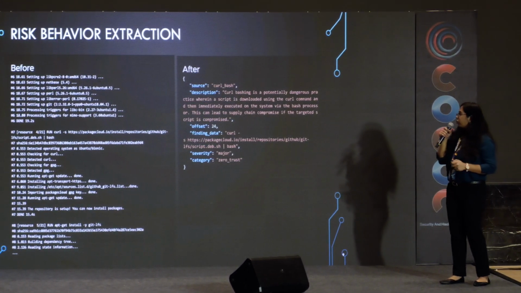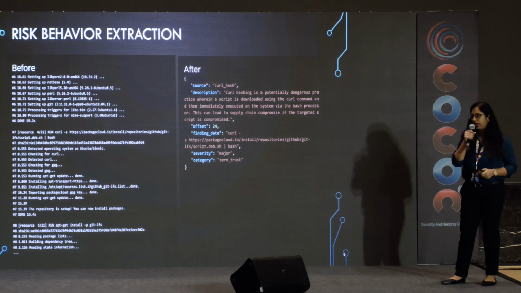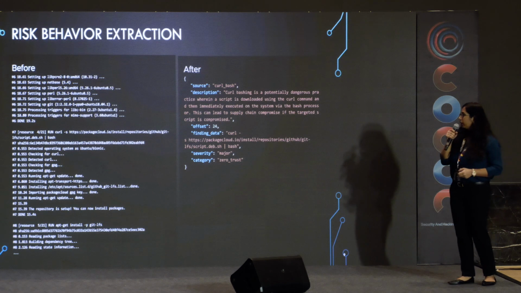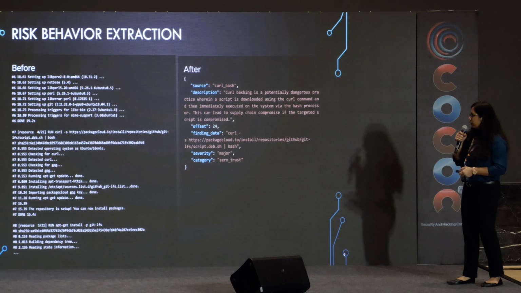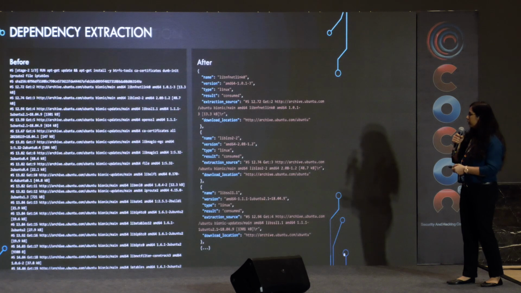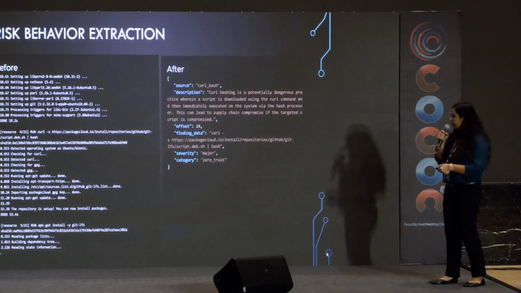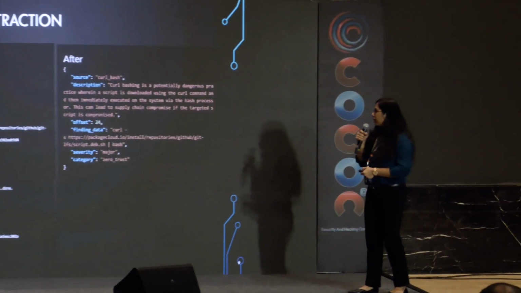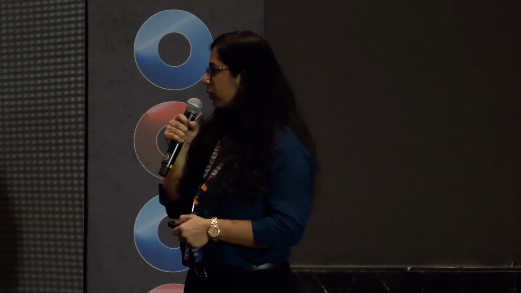Risk behavior extraction is done using the /findings API endpoint. We feed the pipeline logs on the left-hand side, and after parsing the logs, it will provide us with the risky behavior in them.